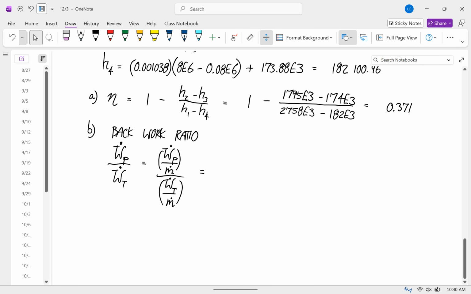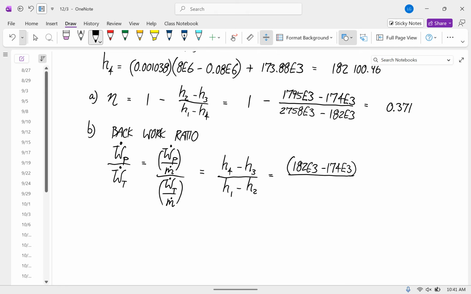So this is (H4 minus H3) divided by (H1 minus H2). So that is 182 times 10 to the third minus 174 times 10 to the third divided by 2758 times 10 to the third minus 1795 times 10 to the third.